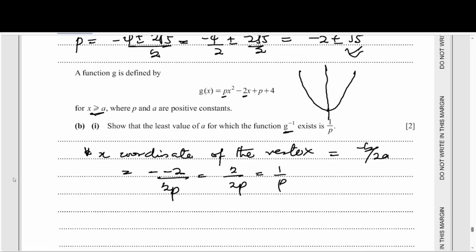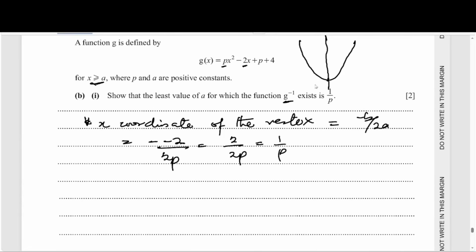So if we define the domain so that this function would be 1 to 1, then the domain is supposed to be such that x should be greater than or equal to 1 over p. So any number greater than or equal to 1 over p makes this function a 1 1 function, and for that reason, for that matter, the inverse to exist.